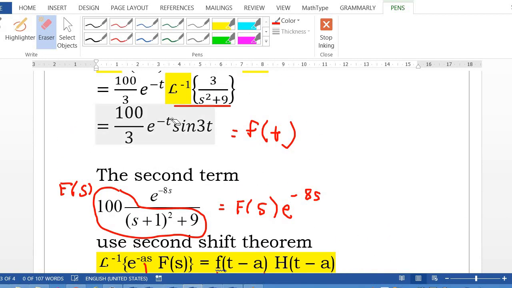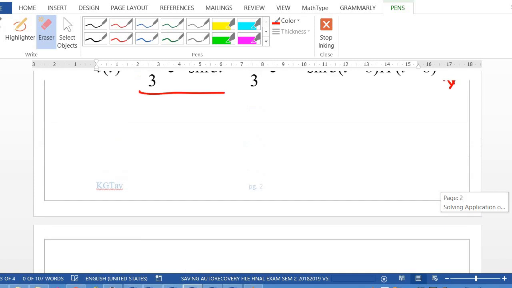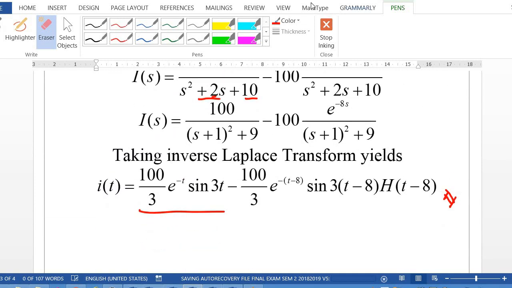That's why, from the f(t) obtained in the first term, the t is replaced by t minus 8 in sin 3t, and then multiplied by h(t minus 8). That's why the first and second terms differ only by this factor. This is the F(s).